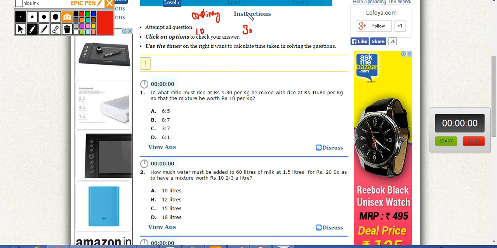You want to mix both these rices, and you know that your shoppers would only pay you 25 rupees. Say that you feel very generous and you want to sell everything at cost price. You don't want any profit.